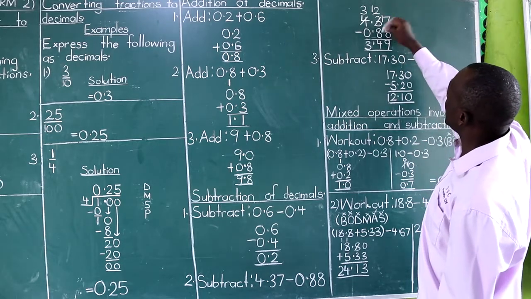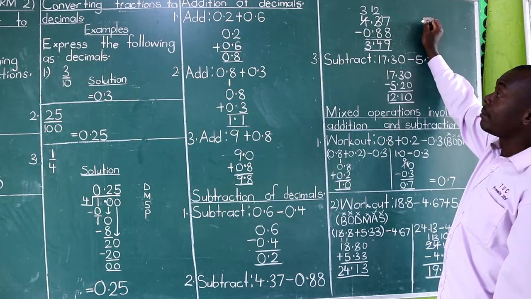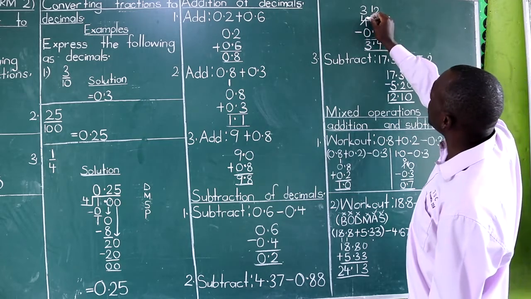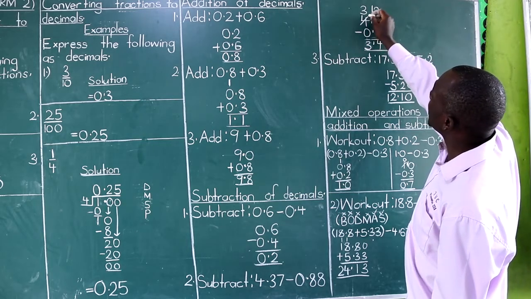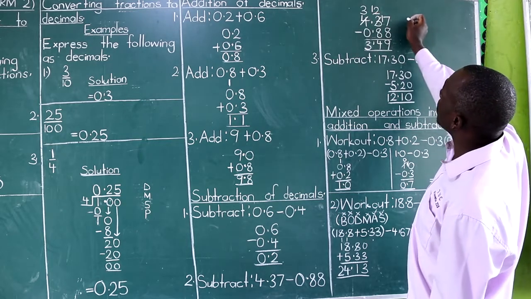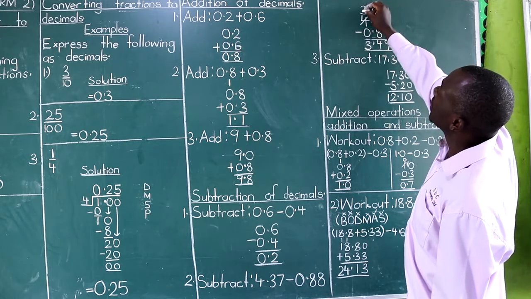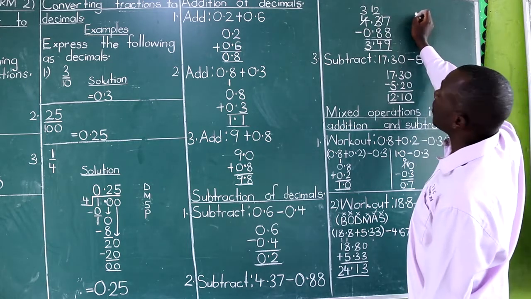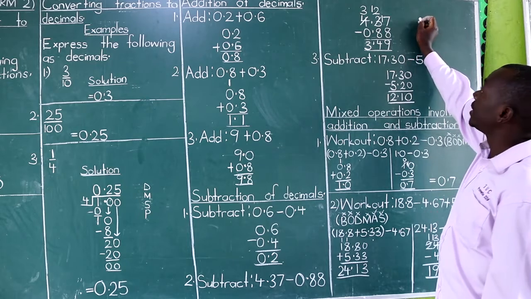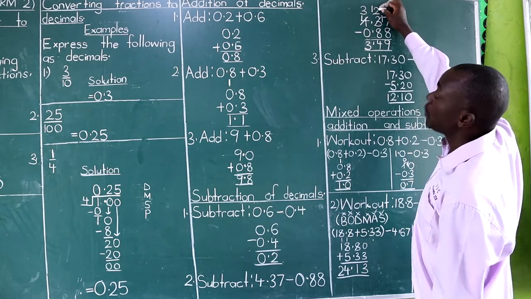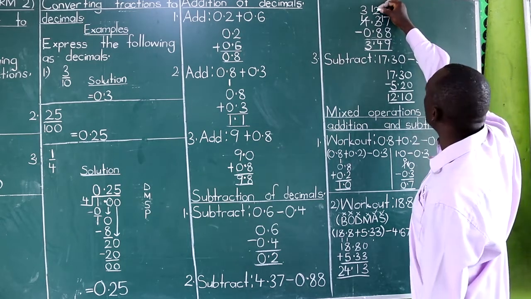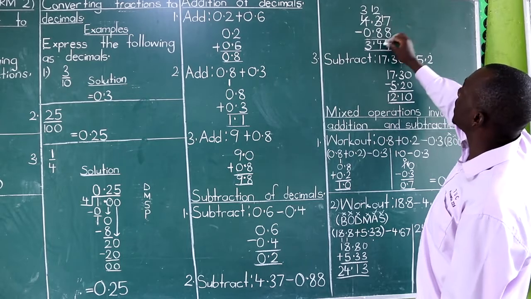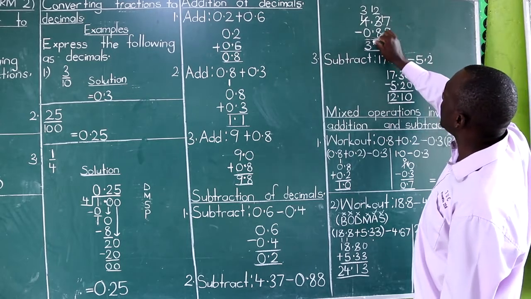Now 2 minus 8 is again possible after borrowing. We borrow 1 from 4, and cross out the 4. Having borrowed 1, 4 reduces to 3. And now that 1 is equivalent to 10. 10 plus 2, you get 12. Now 12 minus 8, you get a 4. Remember our point is already here.